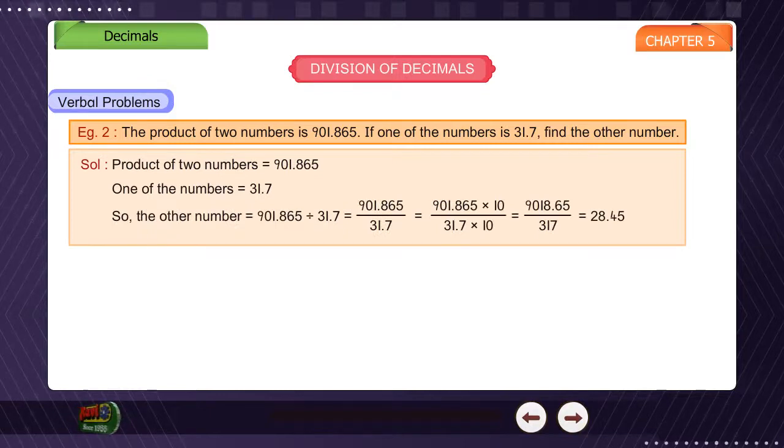So the other number is equal to 901.865 divided by 31.7. 901.865 by 31.7 is equal to 901.865 into 10 by 31.7 into 10, is equal to 9018.65 by 317, is equal to 28.45.